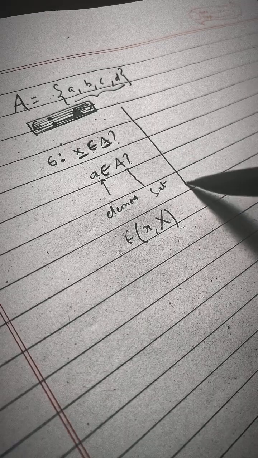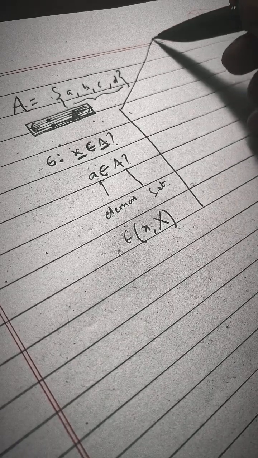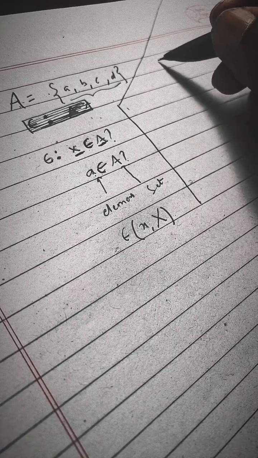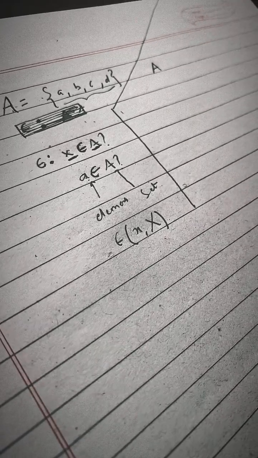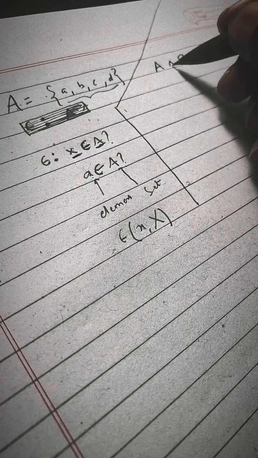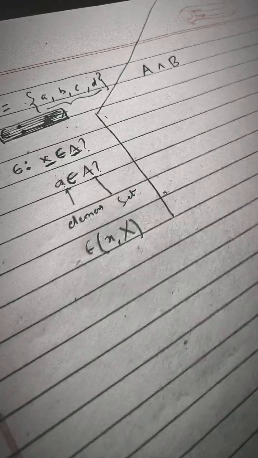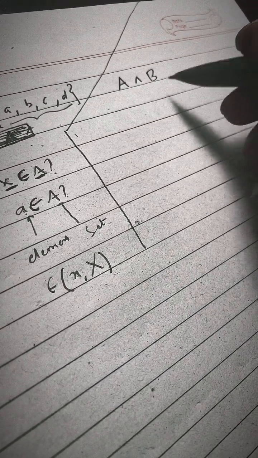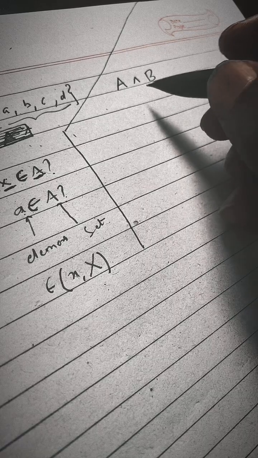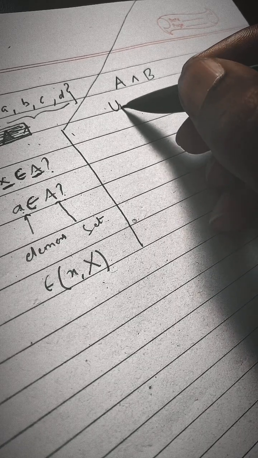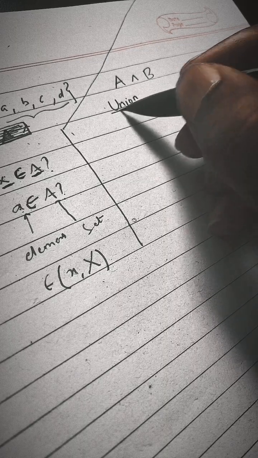Now we define some operations between two sets. Let's say we are given two sets A and B. Now we have the concept of union.